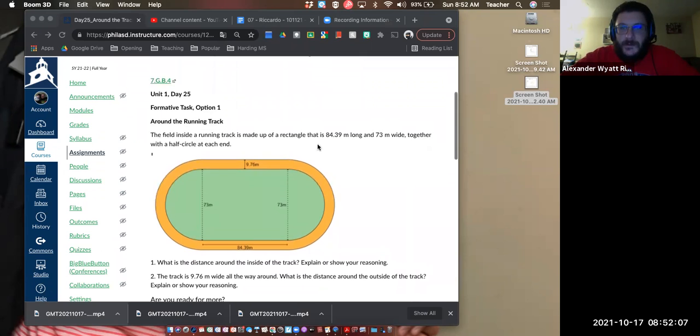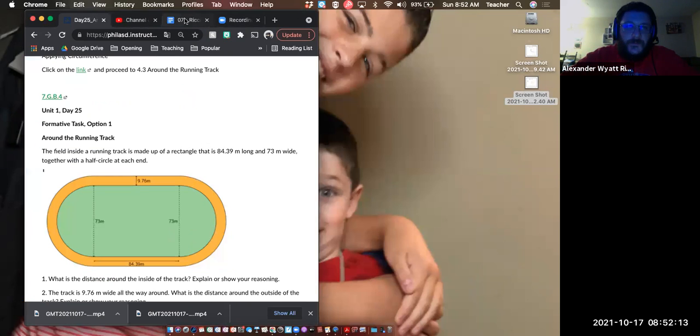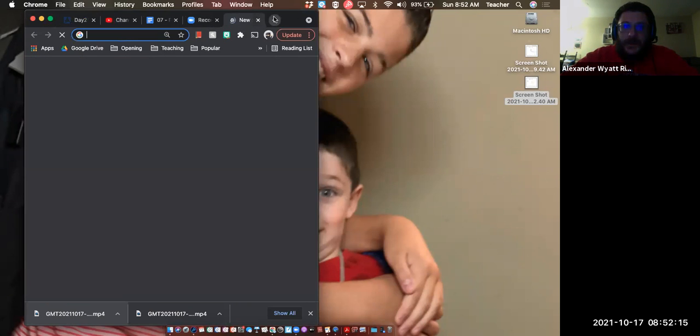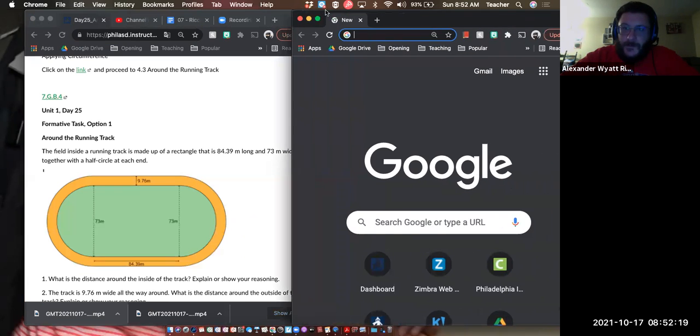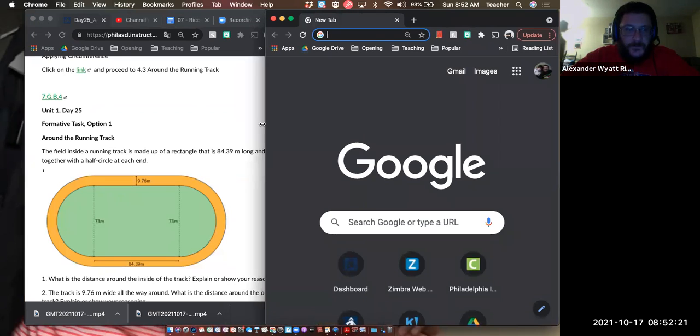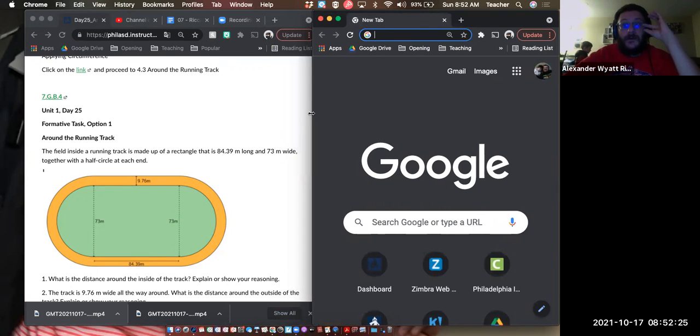All right. Now, for the most part, it's just two problems. For this problem, you have to figure out the perimeter of the track, the grass, and then the outside perimeter of the track.